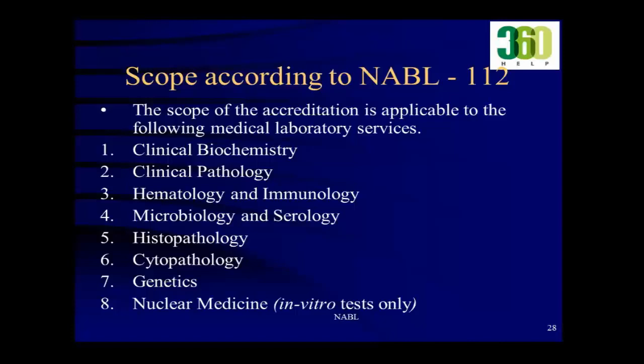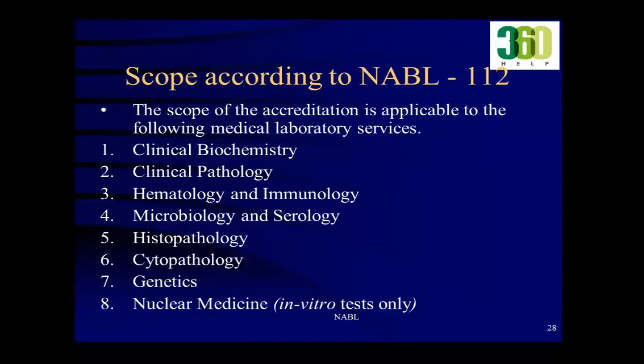So when you are implementing the standard, you have to read both documents, the standard as well as 112. In 112, the scope has been classified into these 8 categories: clinical biochemistry, clinical pathology. Clinical pathology means all your fluids, urine, stool.